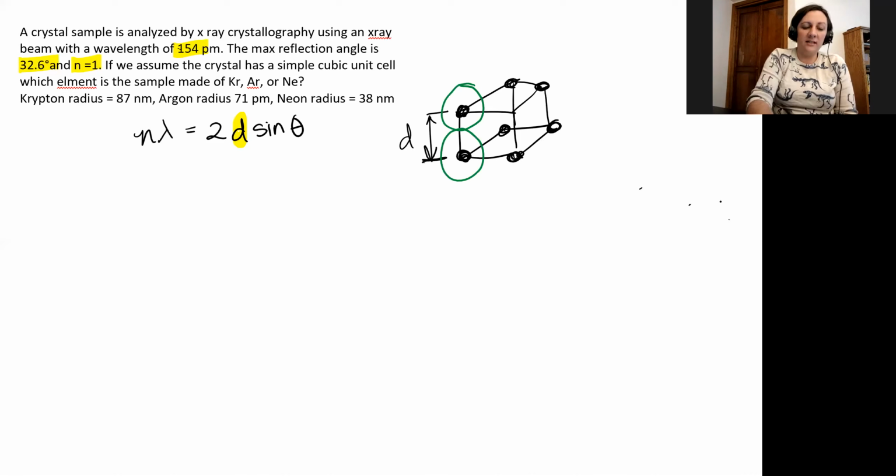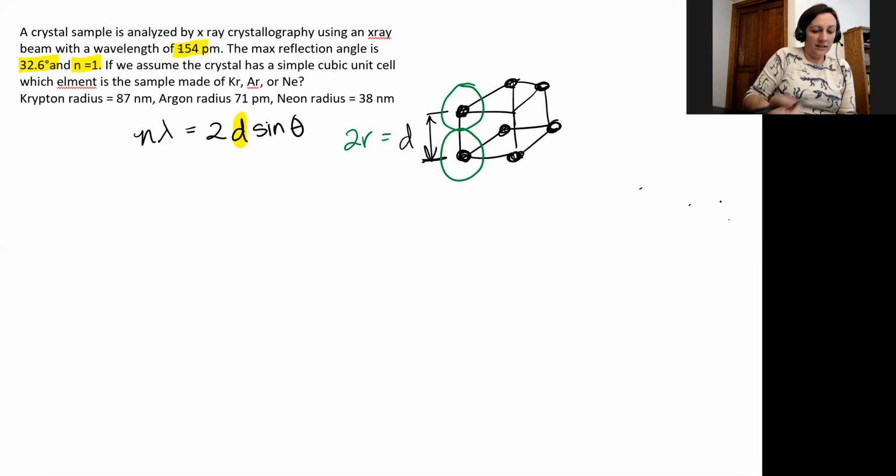And so that distance is really going to be equal to 2 times the radius of one of these atoms. So let's plug our known values into the Bragg equation and determine the distance between our lattice planes, and then we'll determine what the radius of the atoms are that make up this crystal structure.